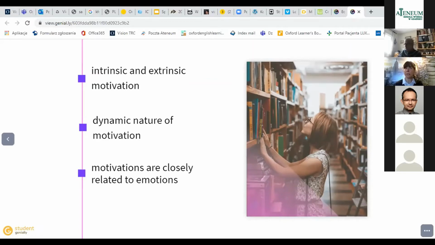Gardner treated this as a feature that was potentially stable. It existed, and not much could be done to influence that. At the moment, we understand that motivation is dynamic and it has phases. We can distinguish between three phases of motivation.